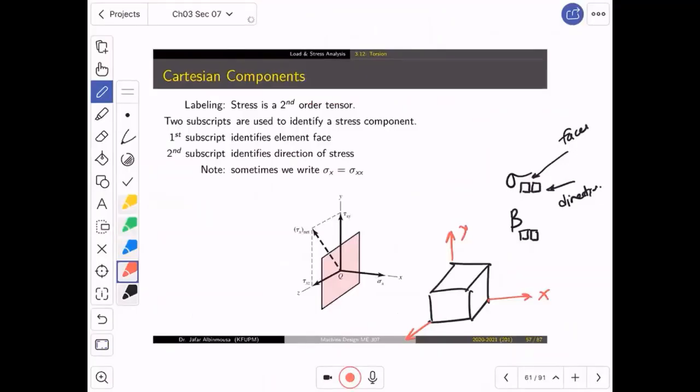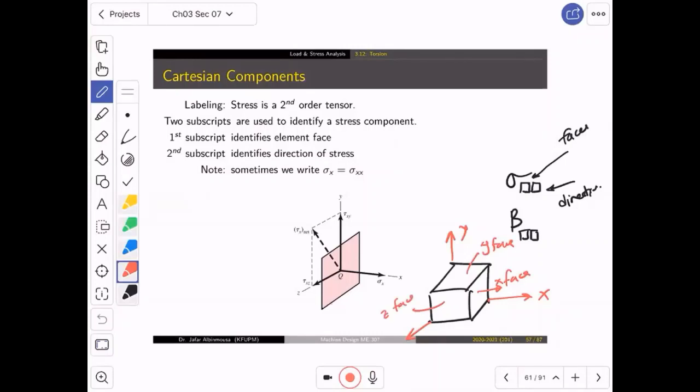So a surface is identified by its normal. For example, the normal on this surface is the x axis, so this is the x face. Similarly, this is the y face. Similarly, this is the z face.